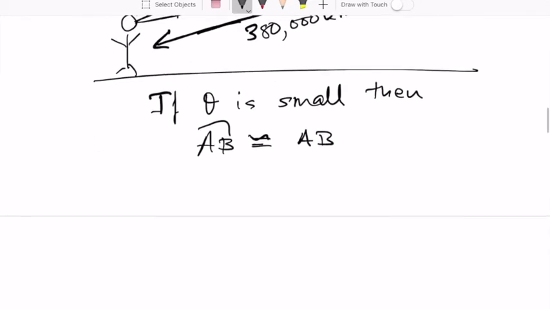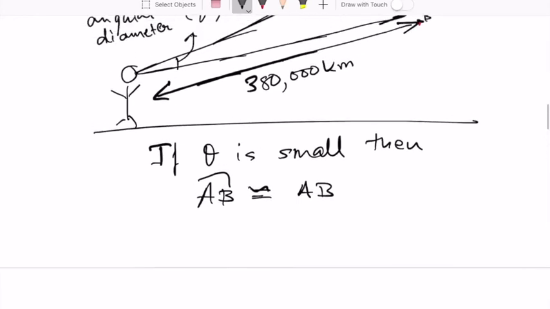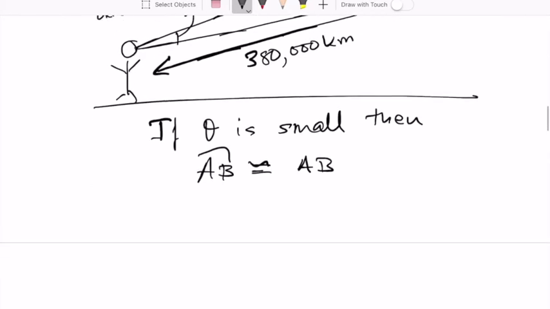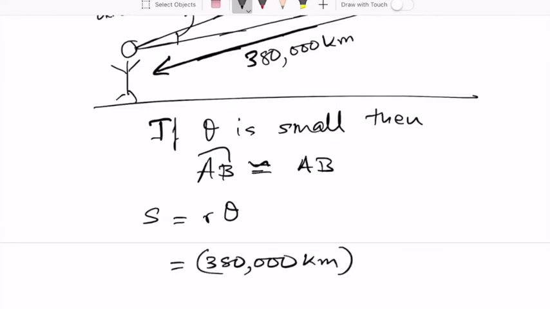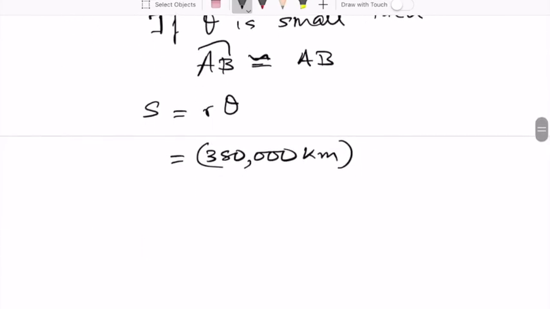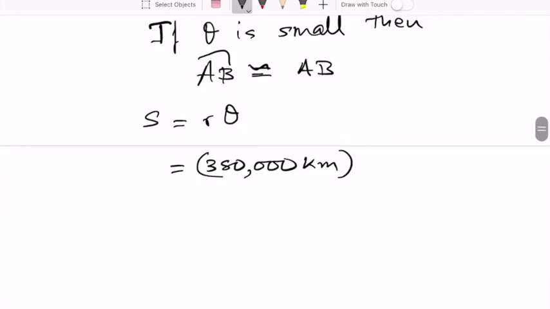So in that case, we could just use the arc length and call that the physical diameter of the moon, right? Arc length is very easy to find. S equals r theta. So r is 380,000 kilometers. Theta we have to express in radians. To convert between degrees and radians, you use the fact that pi radians is 180 degrees, right?